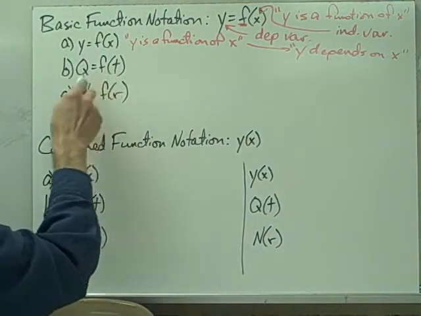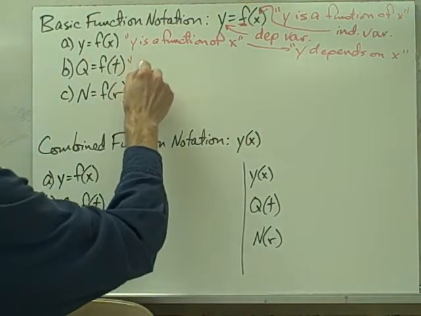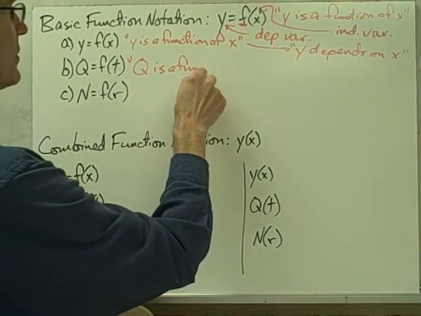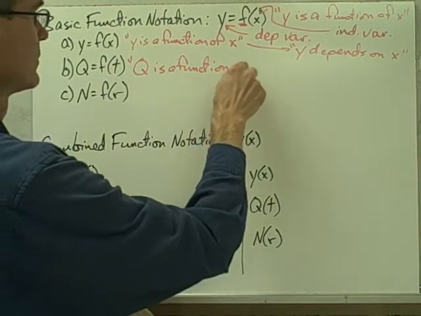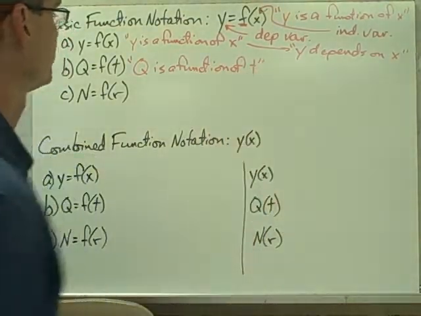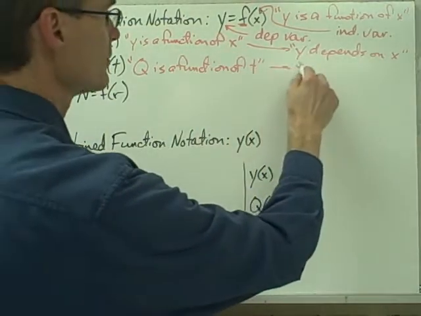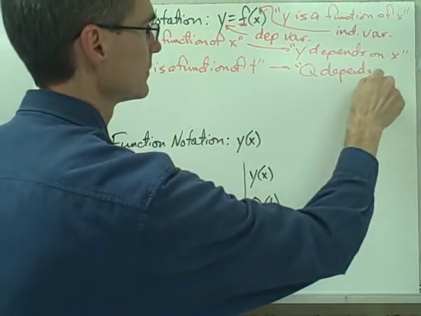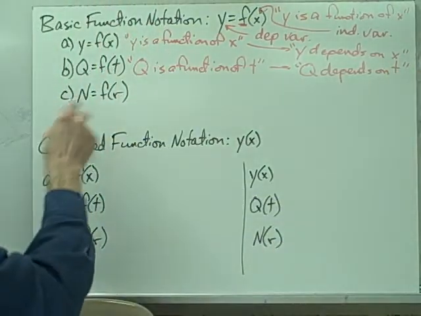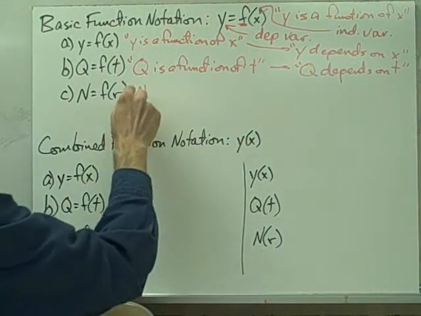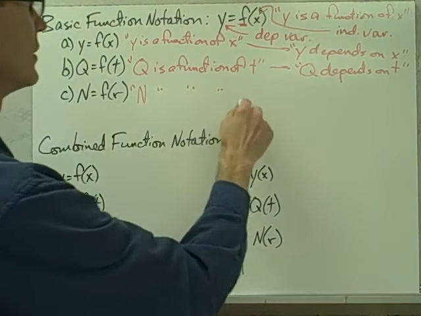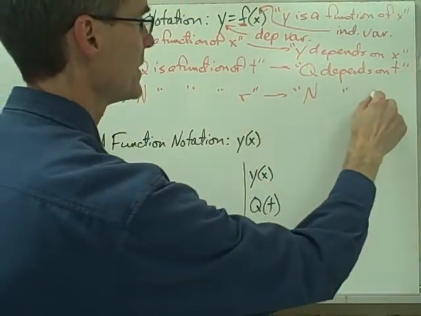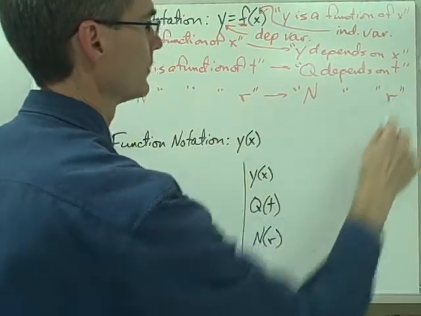If we have a function that is expressed this way, this means q is a function of t, which also means q depends on t. And if I have a function expressed like this, this just means n is a function of r, or n depends on r.